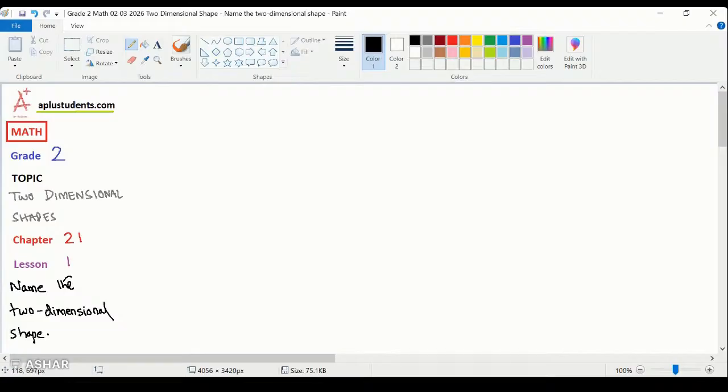Okay, let's see what is two-dimensional and what is three-dimensional. When you look up in the sky at the sun or the moon, you see a circle, right? Or if you look at a basketball that's far away, what you see is a circular shape.